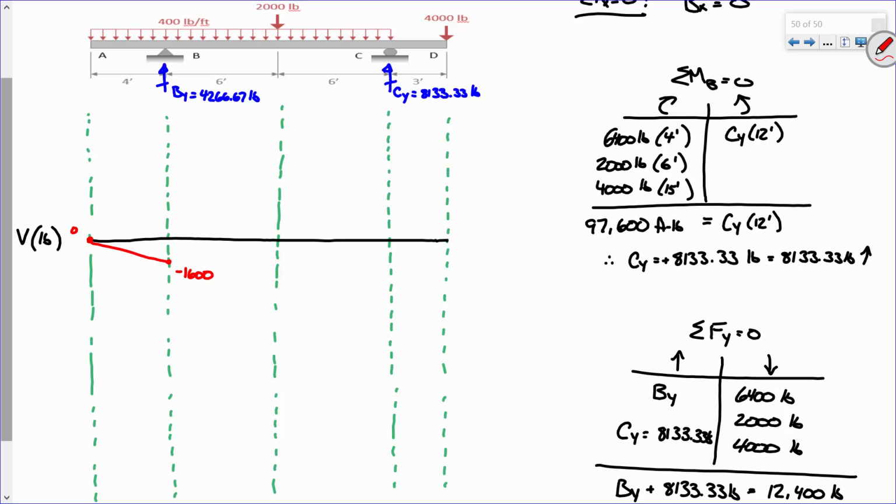Okay. So I'm moving from left to right, and I get to right here, and the beam goes, whoa, jump up some, right? Because I'm at negative 1,600, and the beam is telling me to jump up. It's telling me to jump up an amount of 4,266.67 pounds. Everybody see that? So if I'm at negative 1,600 and I go up 4,266.67, what does that put me at?